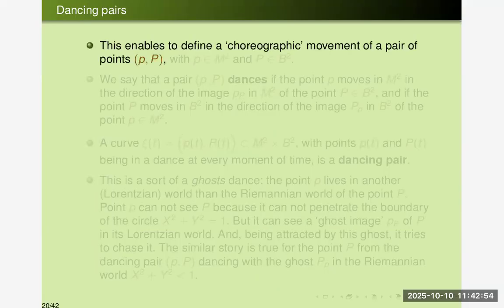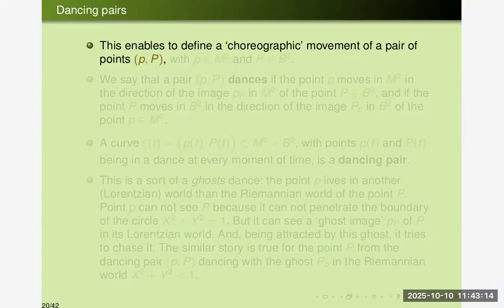So now this enables us to define a kind of choreographic movement of a pair of curves. Suppose that now I have a curve in my correspondence space, maybe p of t, comma, capital P of t.